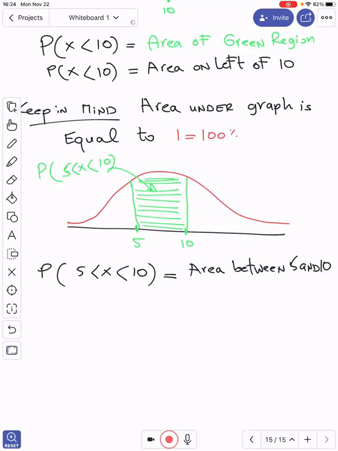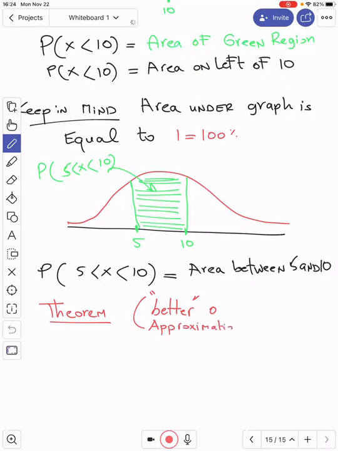So this is a theorem, a better approximation of the Chebyshev theorem.